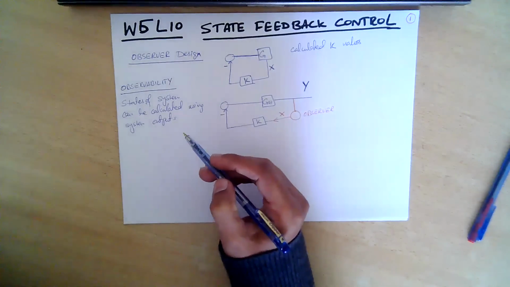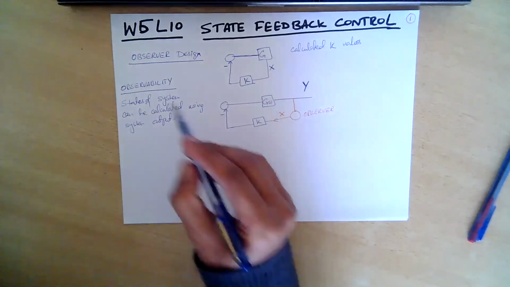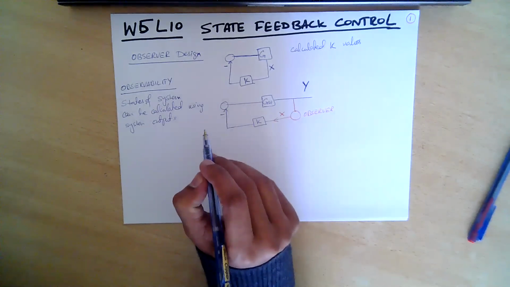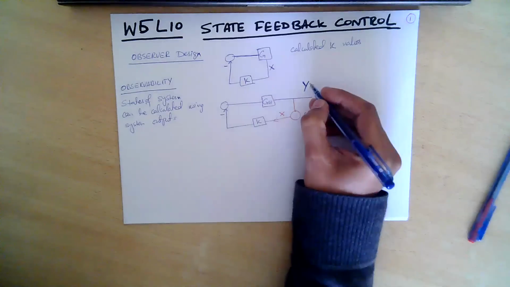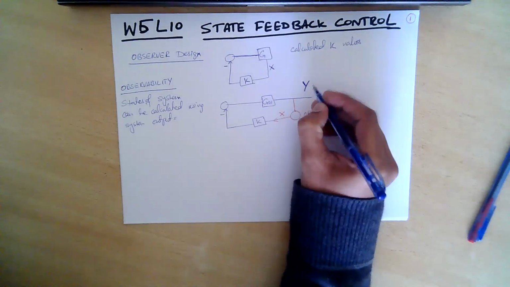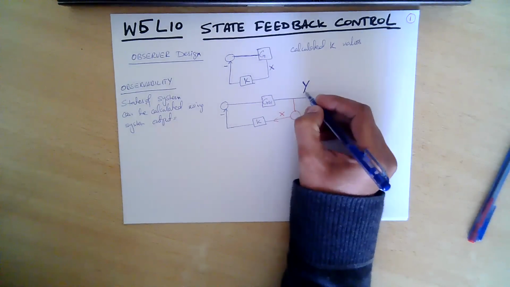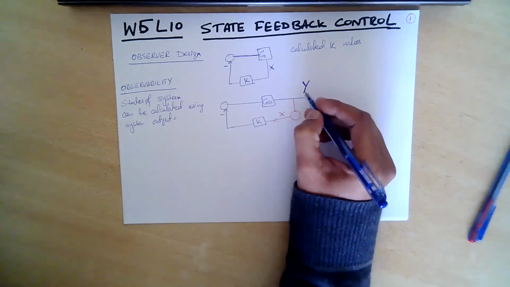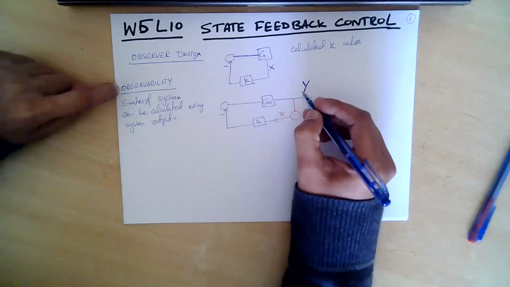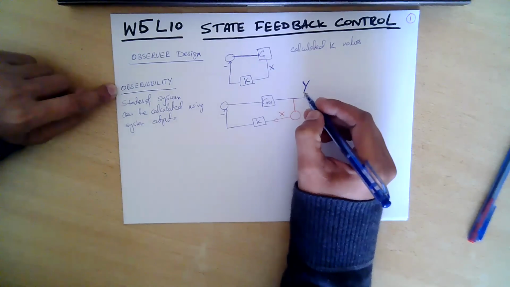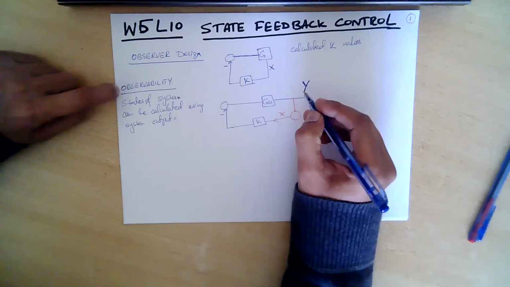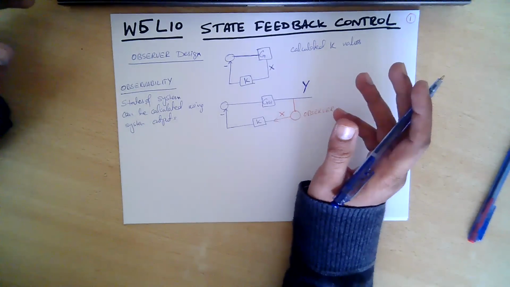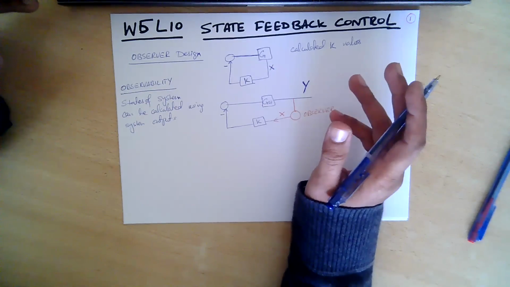And if there is enough output such that a unique value of the system states can be calculated, then the system is observable. And this notion is very clear from the meaning of observability, that if we have the output of a system, we can successfully calculate a unique value of the system states.